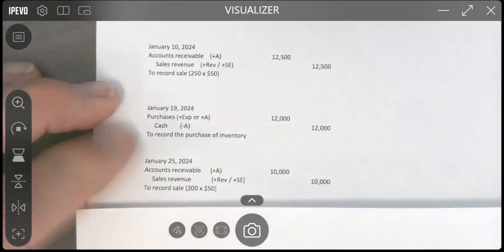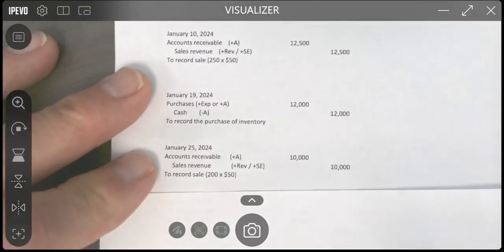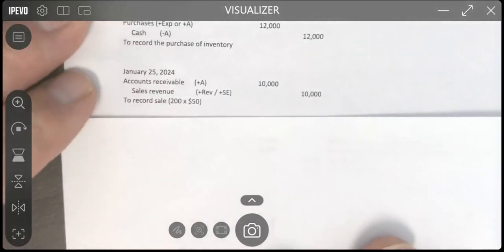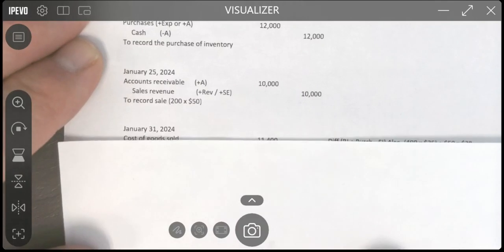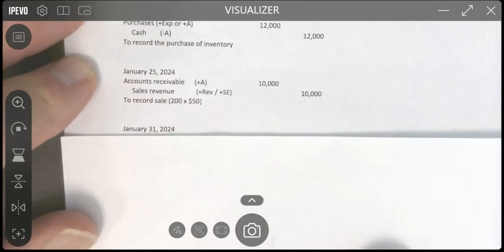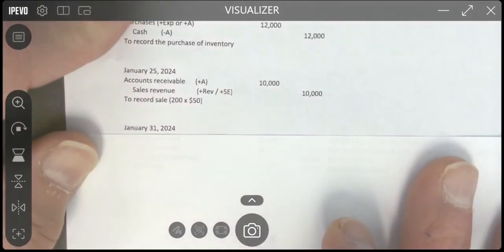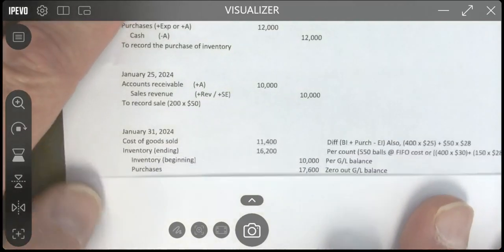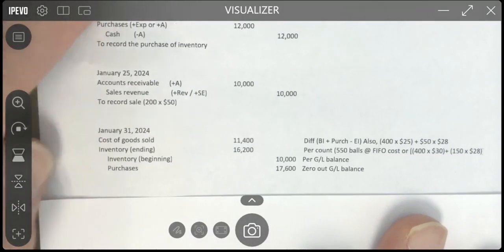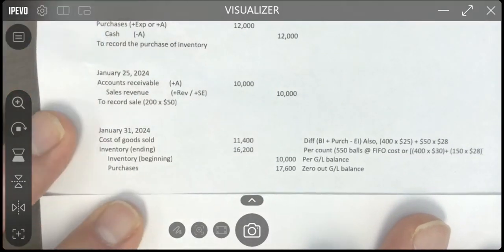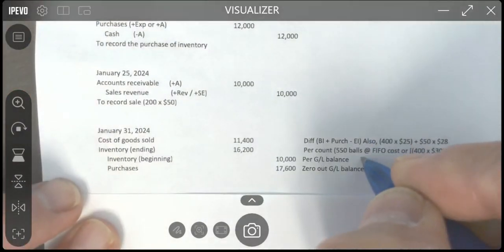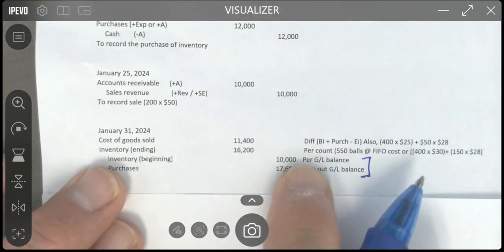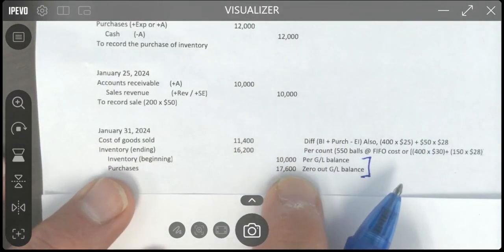And that brings us to the important learning here, the new learning. And that is the adjusting journal entry for inventory. All right, I'm going to put it out here, and then I'm going to talk about what order I did this. The first thing you do is you zero the beginning inventory account out and the purchases account.